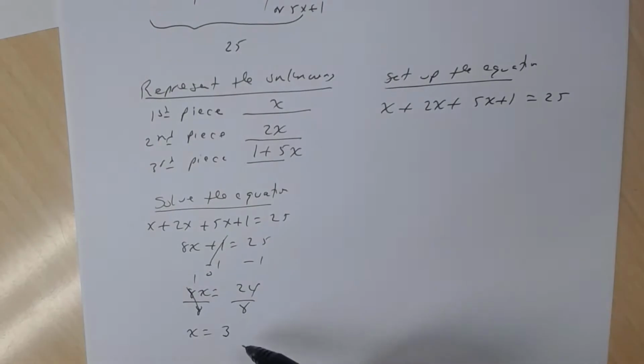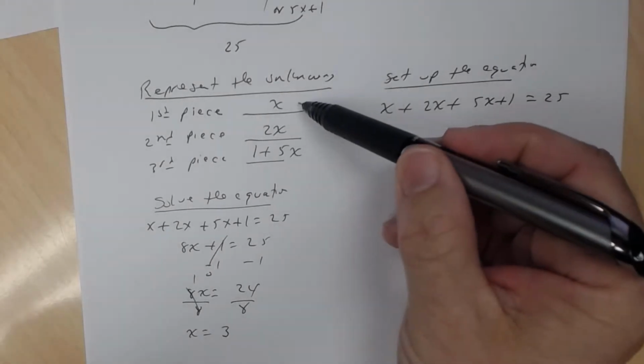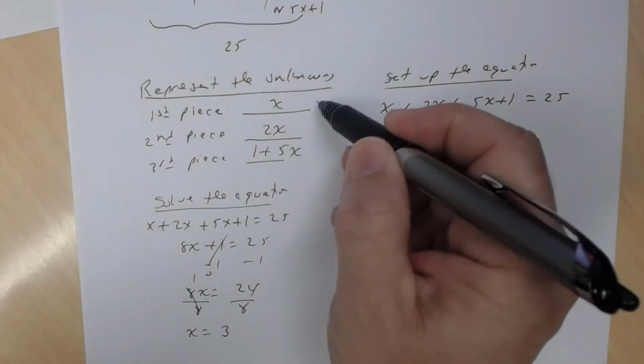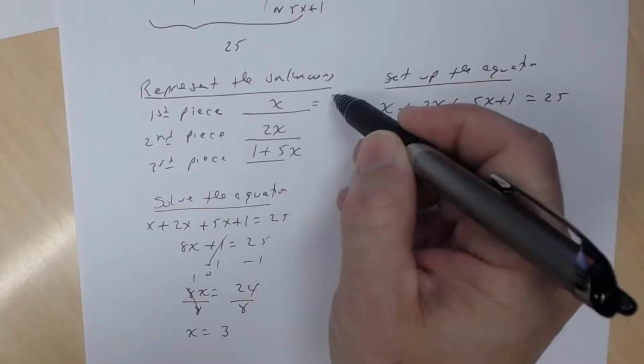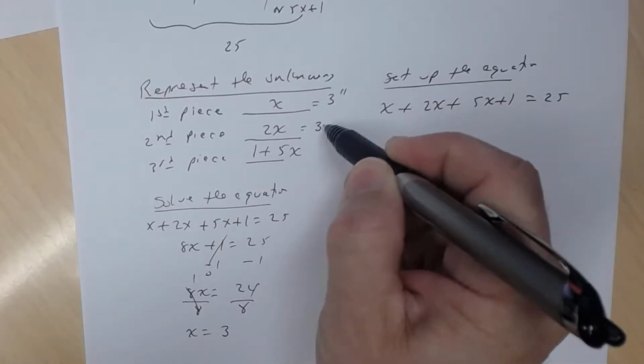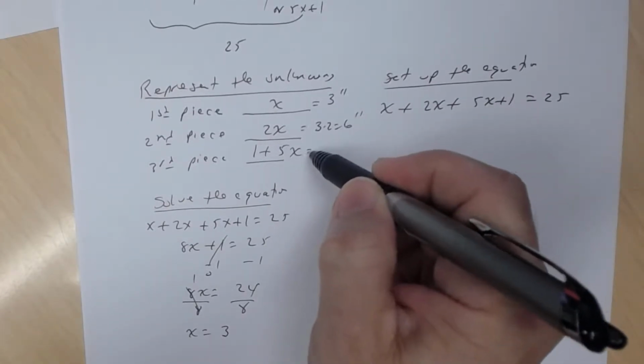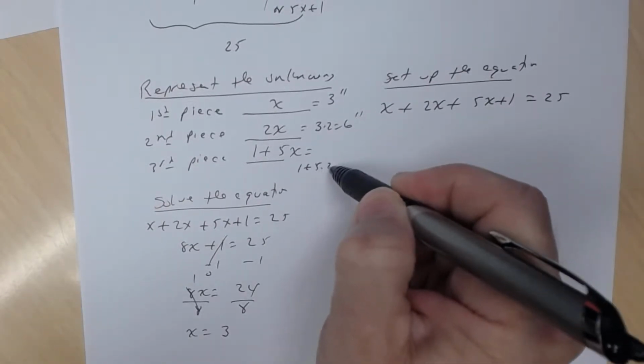All right. So that's what x is. So x is 3. So let's remember what x is. Okay, so x represents the length of the first piece. So right here, you can now say this. The length of the first piece is 3 inches. The length of the second piece is 3 times 2, which is 6 inches. And the length of the third piece is 1 plus 5 times 3.